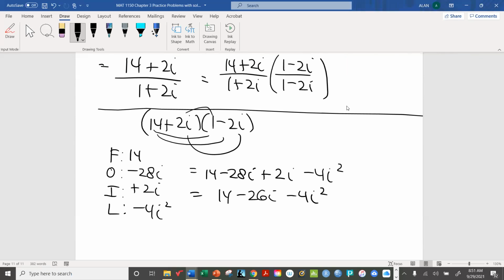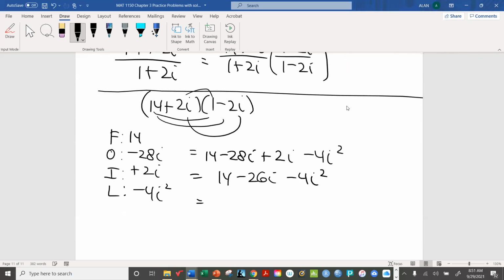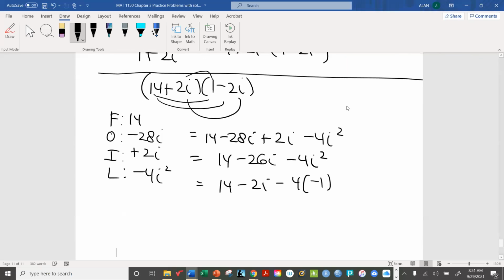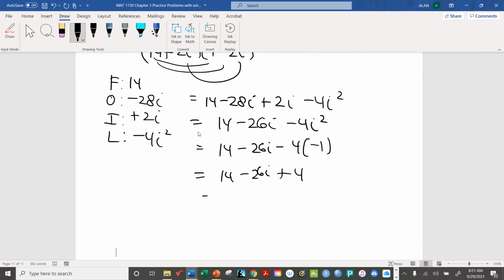And of course, we replace that i squared with -1. Oh, I did it again. What is going on here? This is 26i. Okay, so it's 14 minus 26i minus 4 times -1. 14 minus 26i plus 4 equals 18 minus 26i for our numerator.